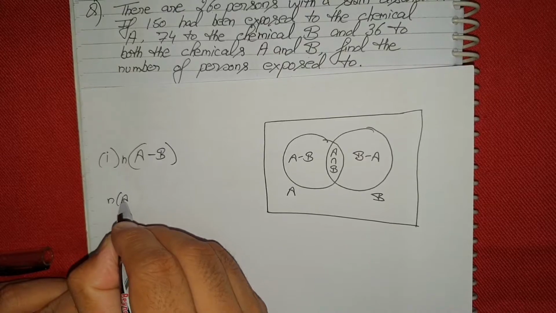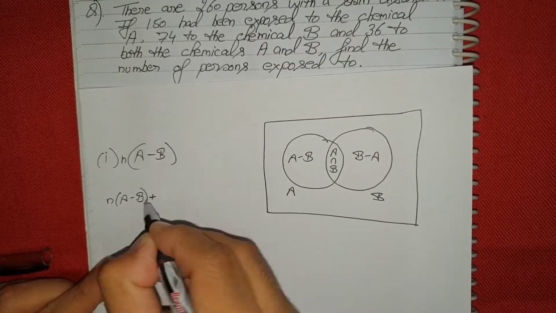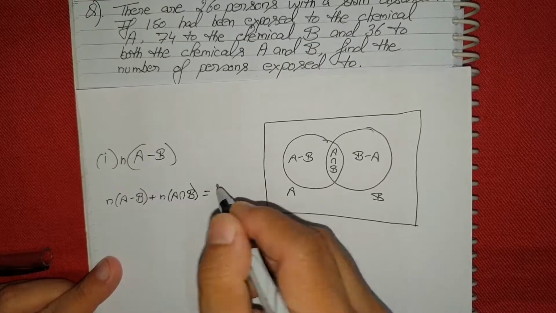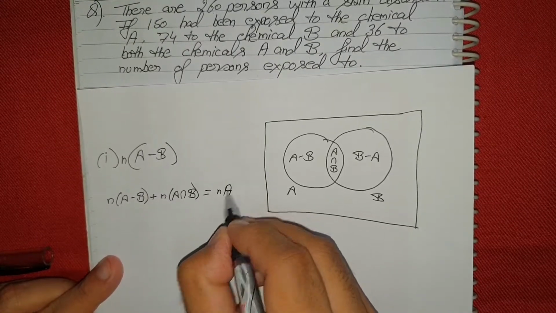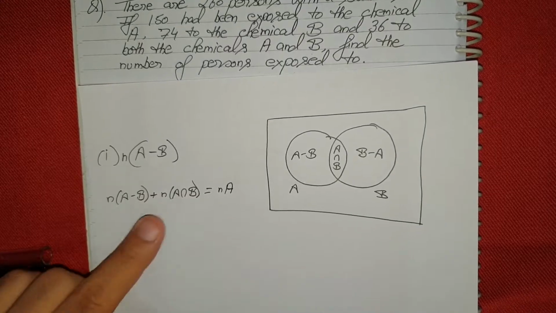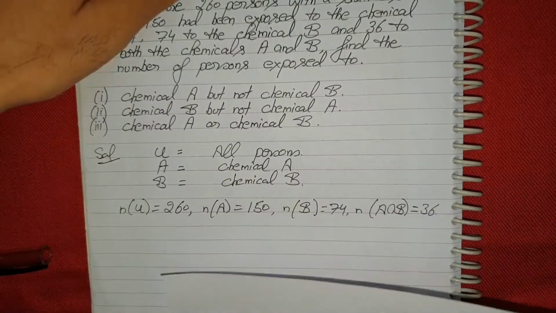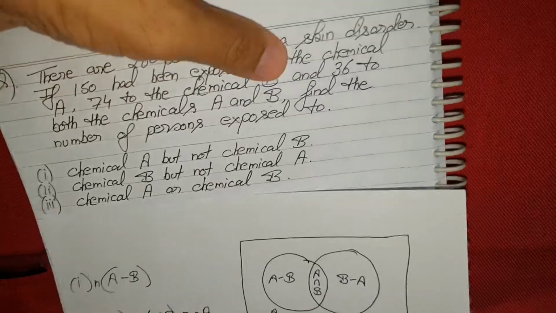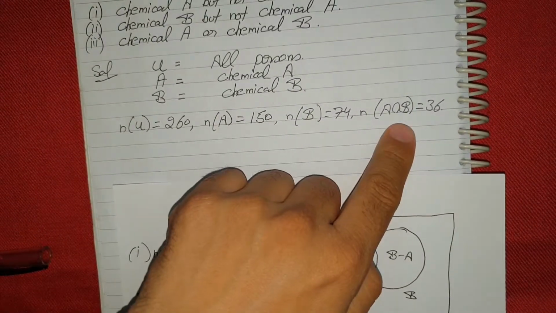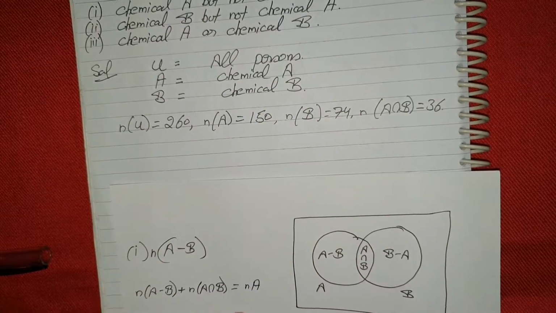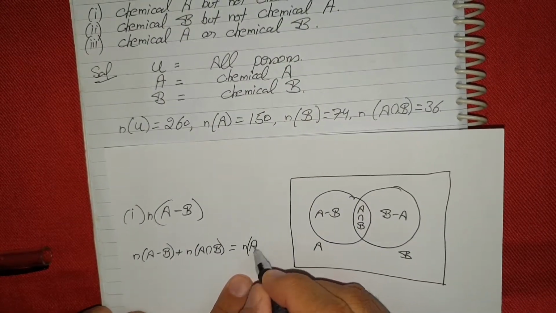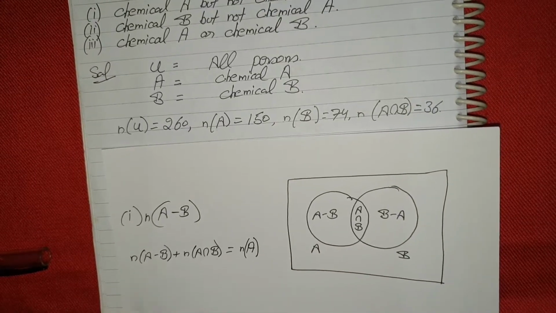Now from the diagram it is clear that N of A minus B plus N of A intersection B is equal to N of A. Now we can substitute the values. N of A intersection B is 36, N of A is 150.